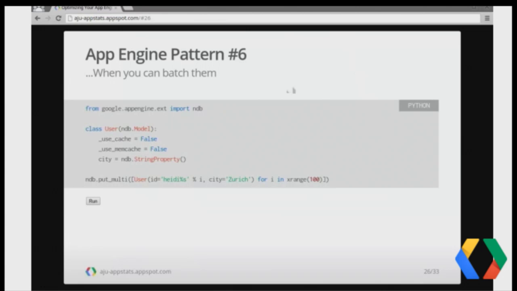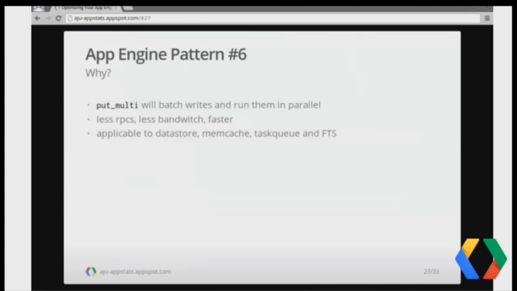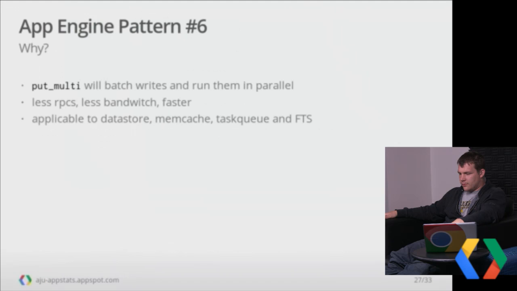Okay, yeah, so moving to the next slide, why is this happening? Essentially what multi is doing is it's batching the writes and running them in parallel. And so it's a lot faster, and the grand total time is much reduced. You're not doing the RPCs individually, and you're not blocking.